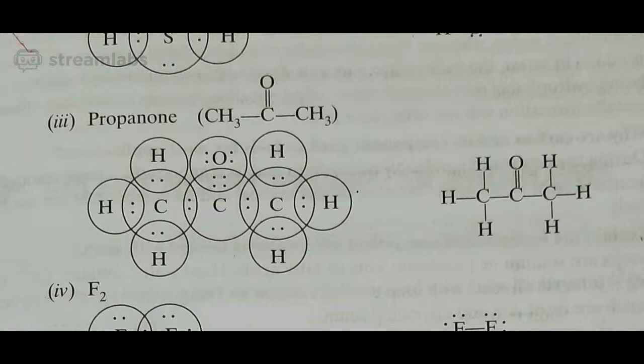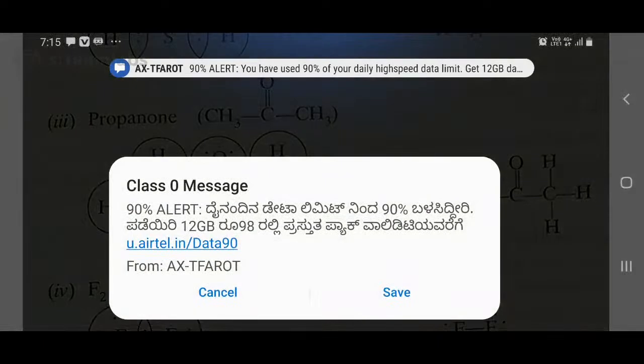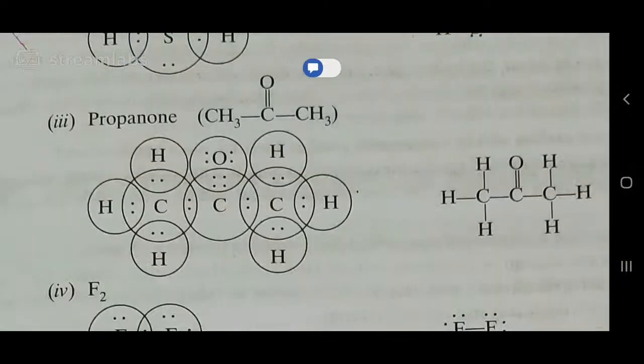In the center, remove 2 hydrogen and make 2 electrons sharing with the oxygen so that it forms double bond. Look at the structure. C double bond O, and look at the dot structure. C 2 dots and oxygen 2 dots, that is 4 dots. That is double bond.